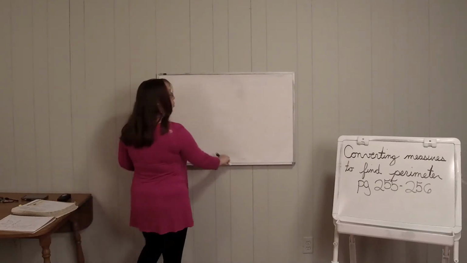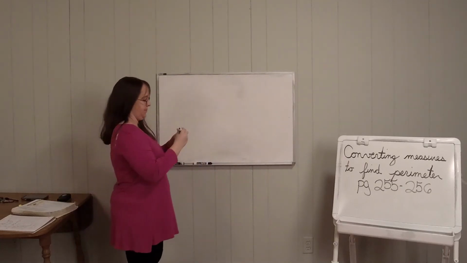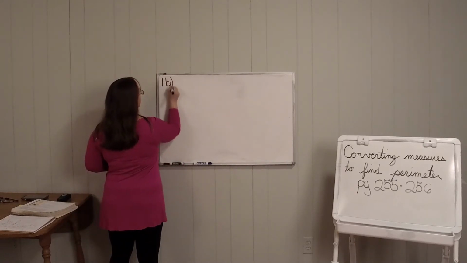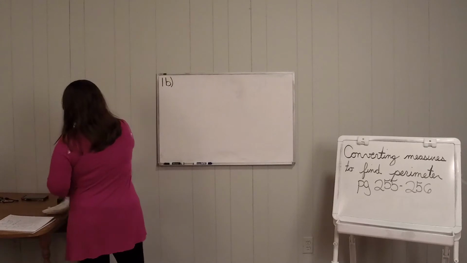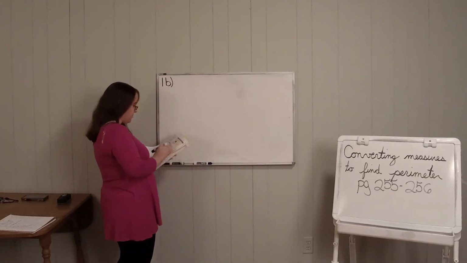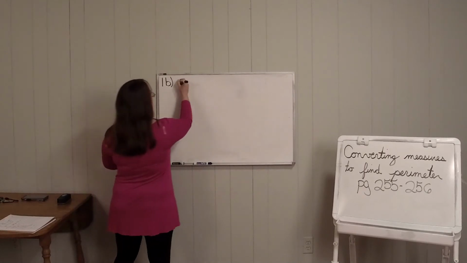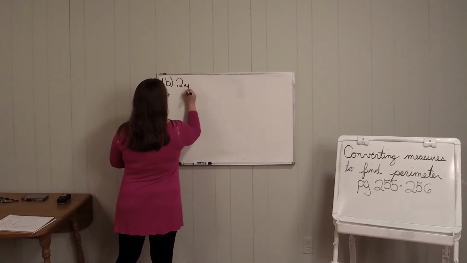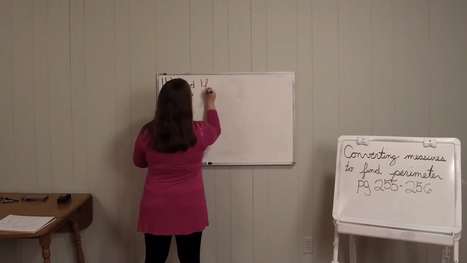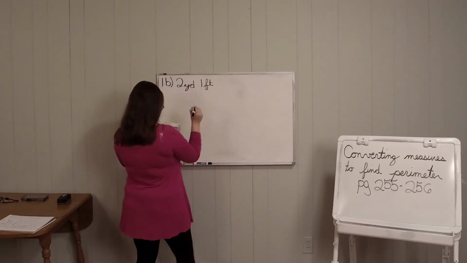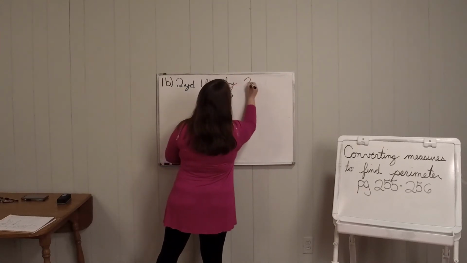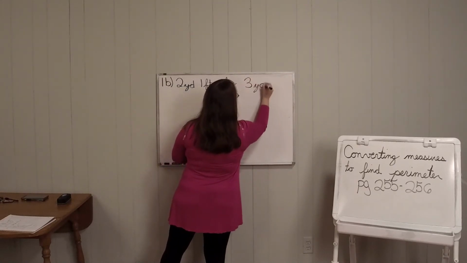Okay, let's look at 1B. Remember on page 255, it says 2 yards, 1 foot by 3 yards.